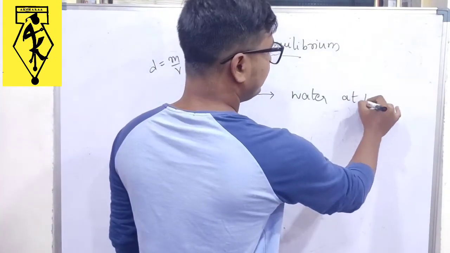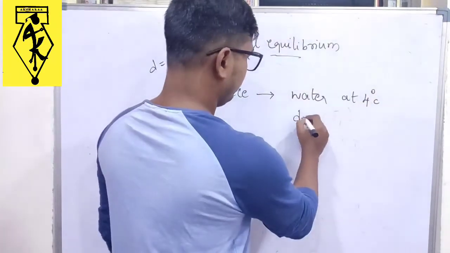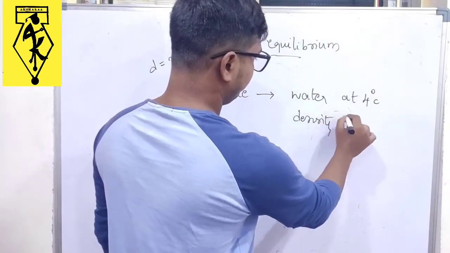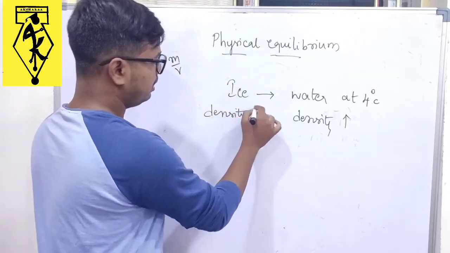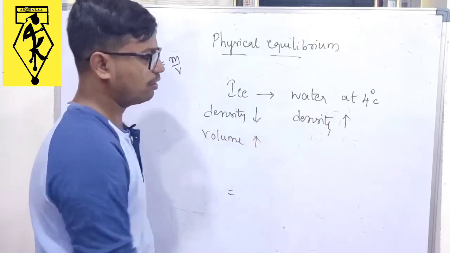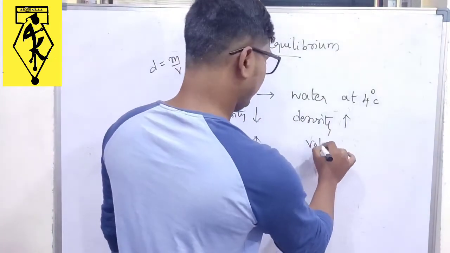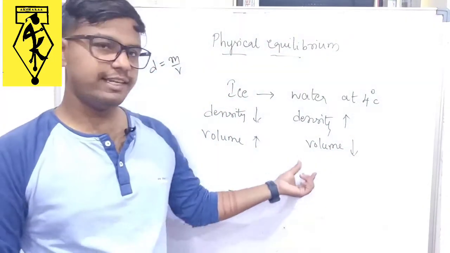At 4 degrees centigrade, the density of water is very high. So here we can write density is high. Here density is low. And what about volume? Volume will be definitely more here, and here volume will be less. Exactly opposite to what we have discussed here.